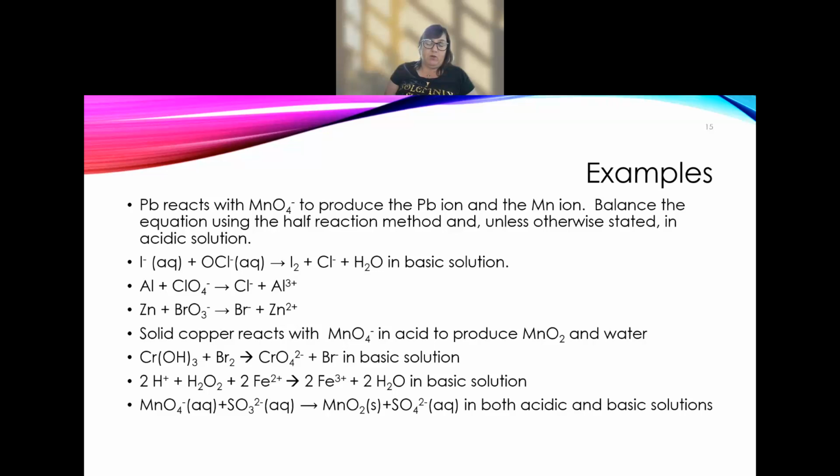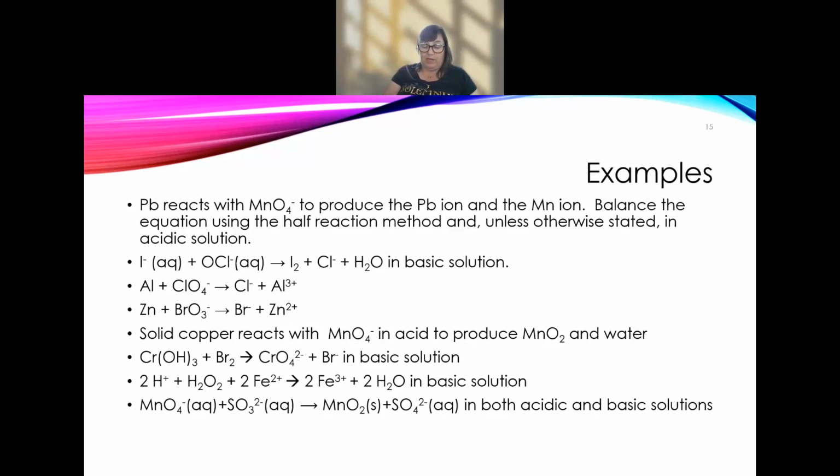We fix our oxygens. So Cr(OH)3 plus H2O goes to CrO4 2-. The bromine is fine. The hydrogens, we now need to do the chromium reaction, but not the bromine. So Cr(OH)3 plus H2O goes to CrO4 2- plus 5H+, because we have 3 from the OH group and 2 from the water, so that's a total of 5 that we need to add on the other side.